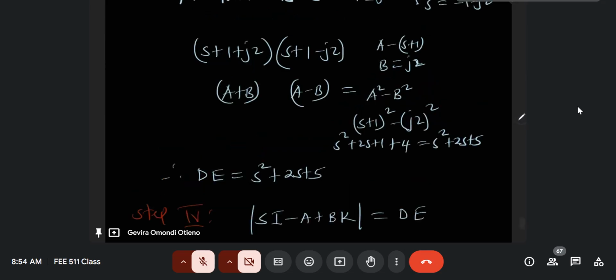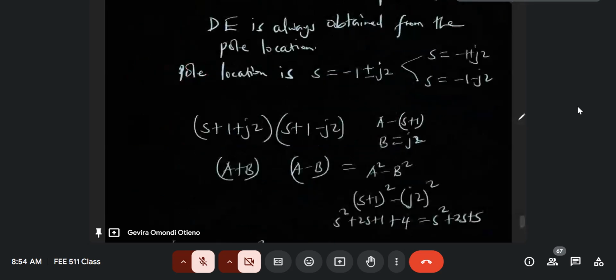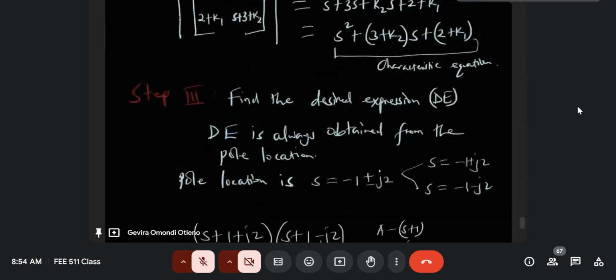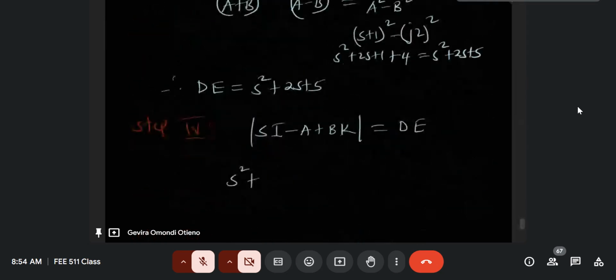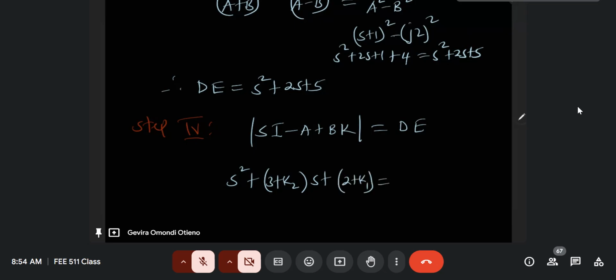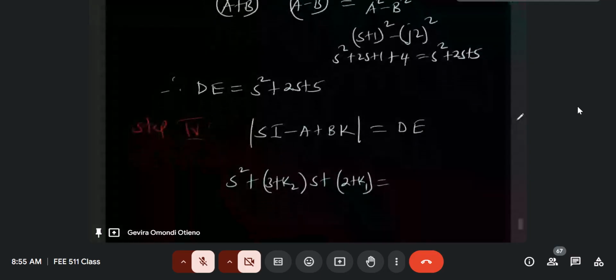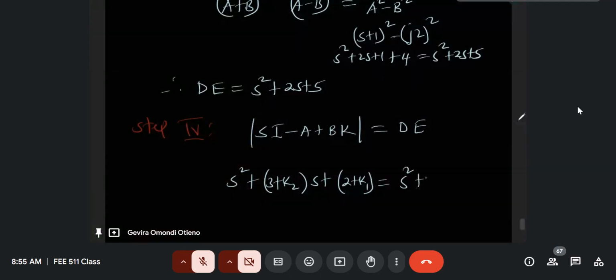We have just obtained our characteristic equation as s squared plus (3 plus k2)s plus 2 plus k1. And then we equate it to our expression in step number 3, which is s squared plus 2s plus 5.